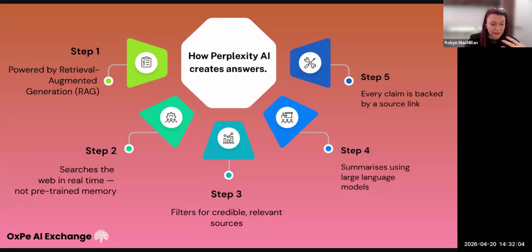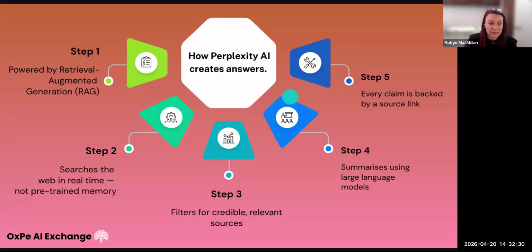And Perplexity then ranks and prioritizes sources based on credibility and relevance, generally favoring established publications, research-backed content, and recognized industry voices over low quality or SEO-driven content.